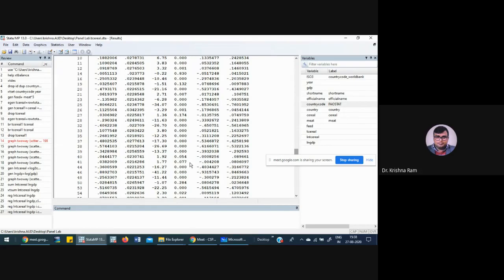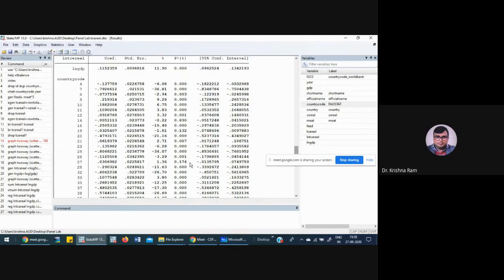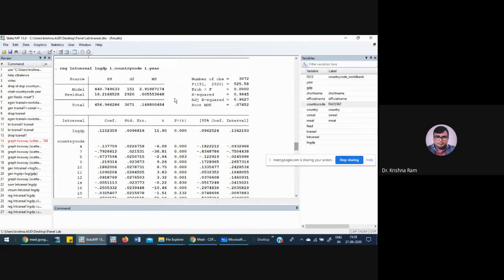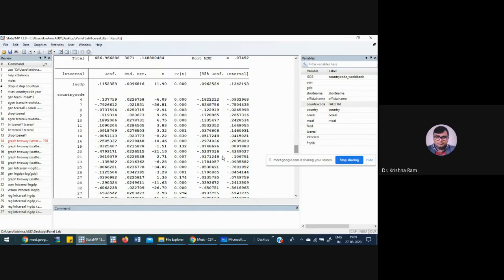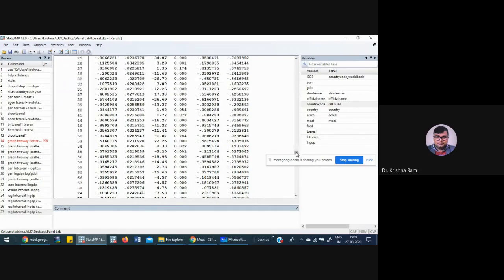We talked about the drawback of this particular model. We lose a substantial degree of freedom, but here you are having very large data, and we consider this a good data with a large sample size, because you have 128 countries over a 24-year period. So n is substantially larger compared to t, so there is no risk of losing substantial degrees of freedom, and you may go ahead with this regression model for estimating the coefficient value of log GDP.